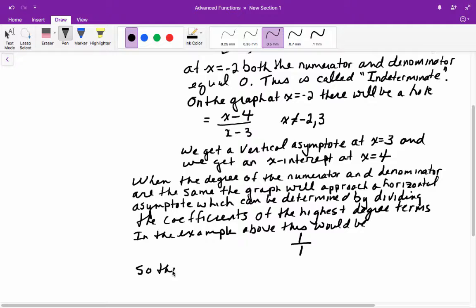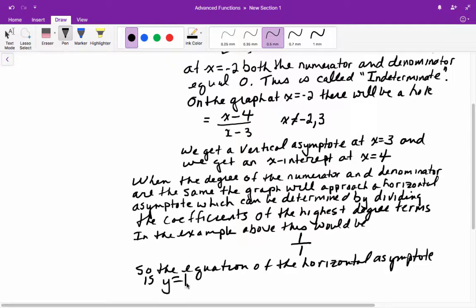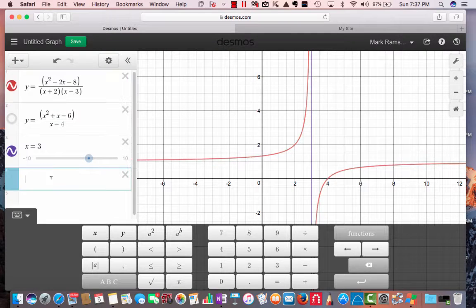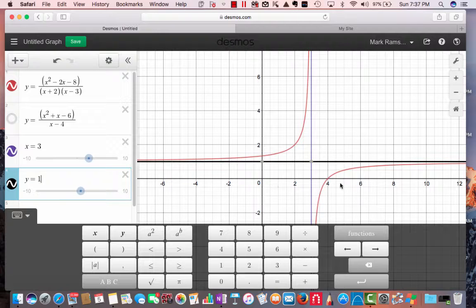So the equation of the horizontal asymptote is y equals 1. Moving back to Desmos, I'm going to put y equals 1, and you can see basically the red graph approaching that.